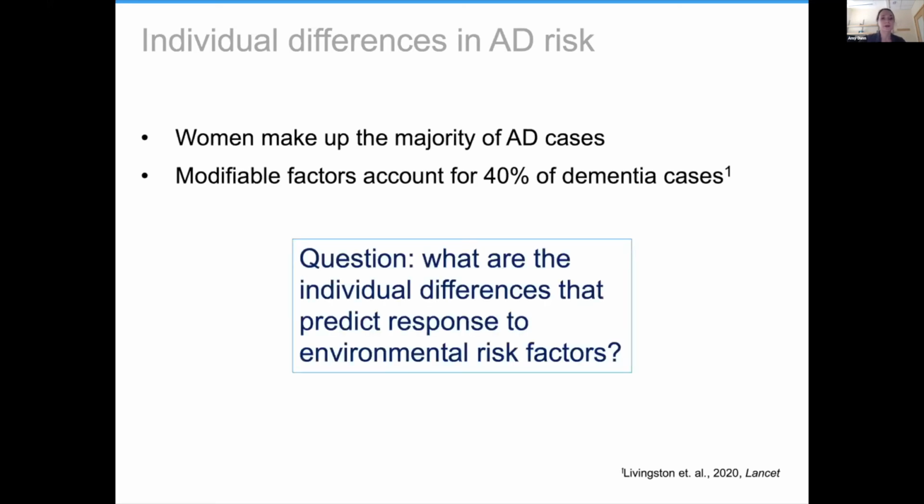But we know that environmental risk factors don't affect everyone equally. Some people are more or less vulnerable to them. That's what really drives my research: trying to figure out what individual differences will predict whether a person will be vulnerable or resilient to an environmental risk factor.